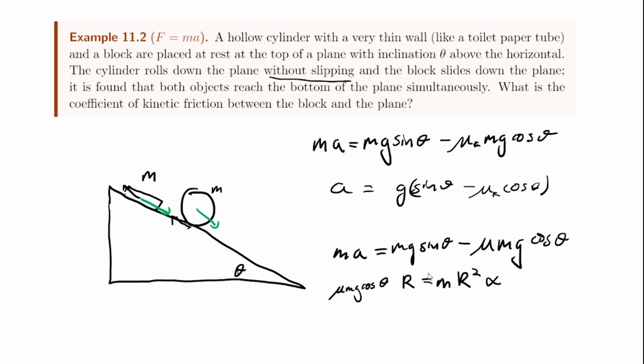But to demonstrate something, I'm going to add the beta coefficient that's usually here, which could be 1/2 for a solid cylinder. Now we have an additional alpha, but the way we relate a and alpha is we use v equals omega r, which if we differentiate both sides, gives a equal to alpha times r.